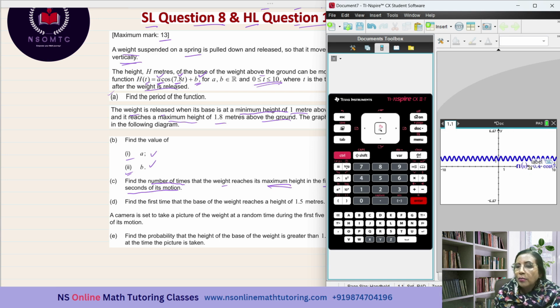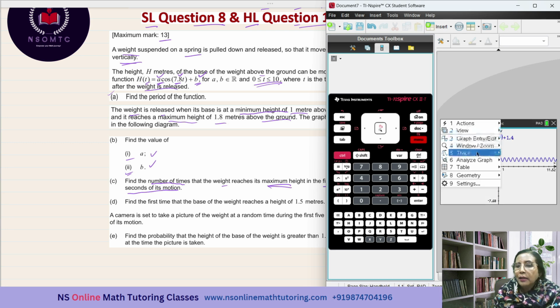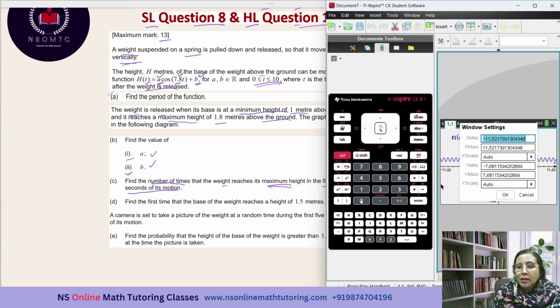Fine, let me bring this over here and change the settings. I'm putting the x min as 0 and x max as 10 because t is between 0 and 10.